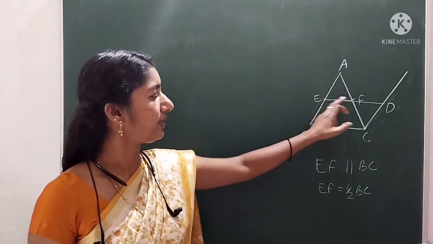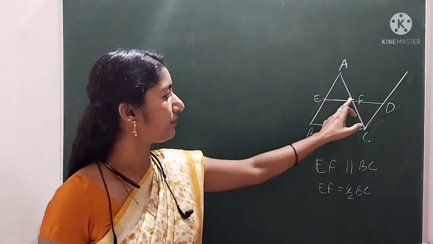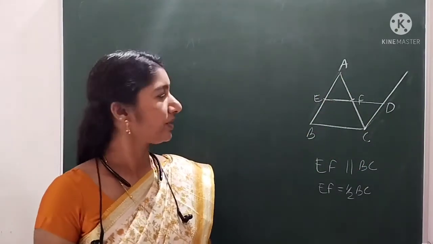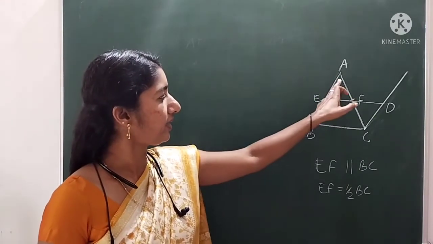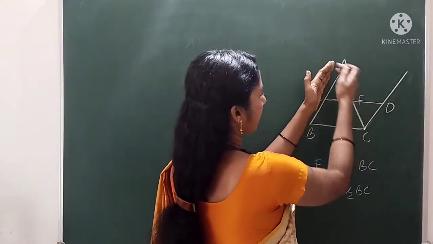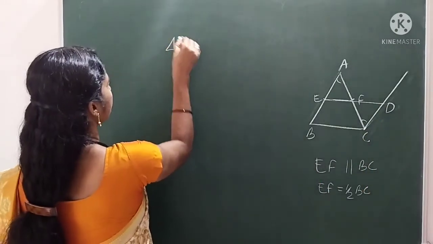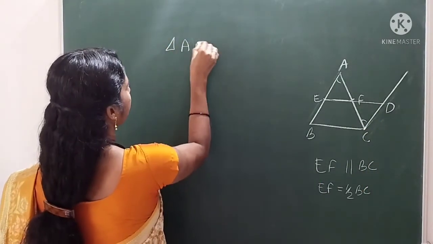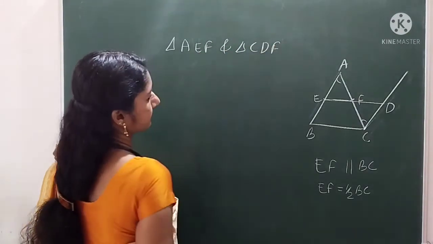One is AEF and the other one is CDF. In these two triangles, we can say angle A is equal to angle C because two parallel lines are cut by a transversal. These two angles are equal, alternate angles. So we can consider triangle AEF and triangle CDF.